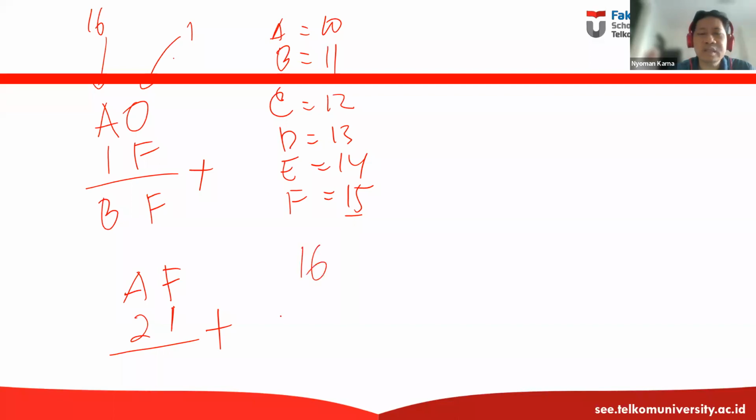But we don't have a symbol for 16. 16 is represented in hexadecimal by using 1 and 0. Because this one has the weight of 1, this one has the weight of 16. So 1, 0 in hexadecimal is actually 16. So F plus 1 is 16, and 16 is 1, 0 in hexadecimal. 0 in here, 1 in here.